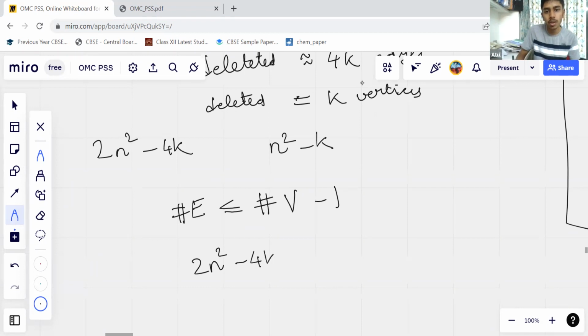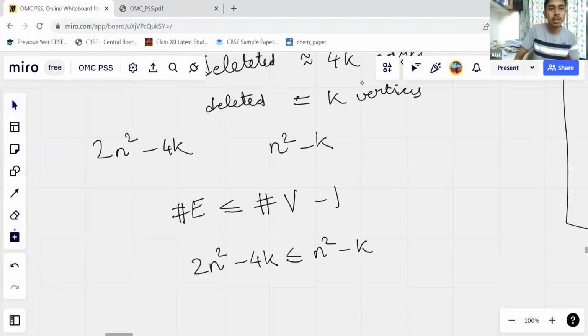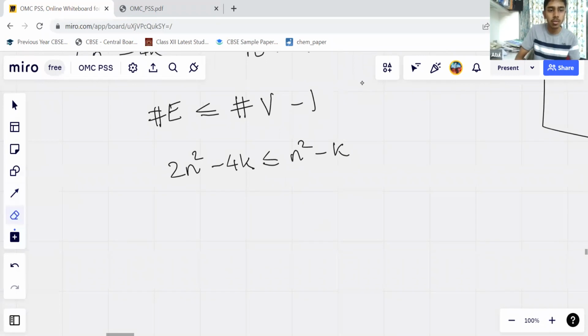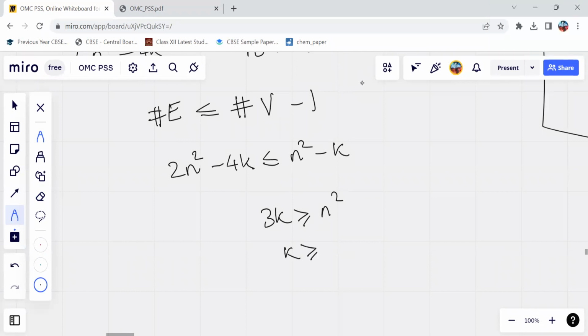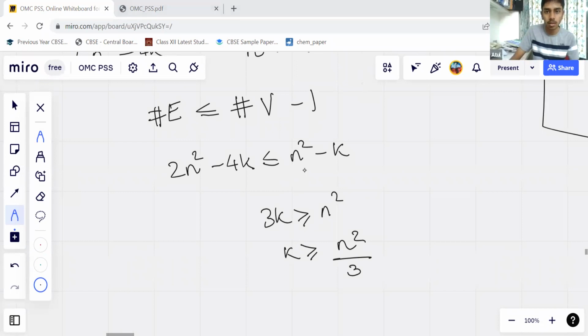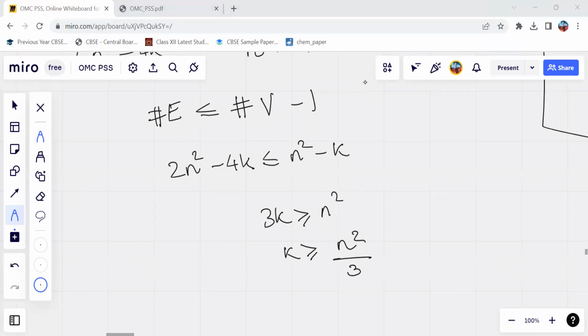So in this case, we get that 2n² minus 4k is at most n² minus k minus 1. We'll ignore the 1 because it's just a constant. And we're looking for really the value of k by n². So 3k is at least n². This implies that k needs to be at least n²/3, approximately.